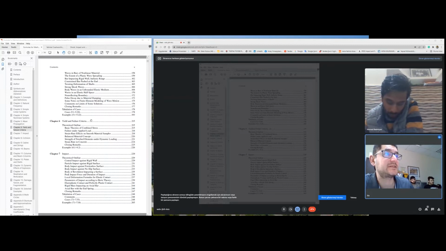Chapter 6 is very important, yield and failure criteria. The simulation covers explicit procedures. We have to know about the strain rate effects. Strain rate effects are very important, and because of that, we are using the dynamical behavior of the materials.